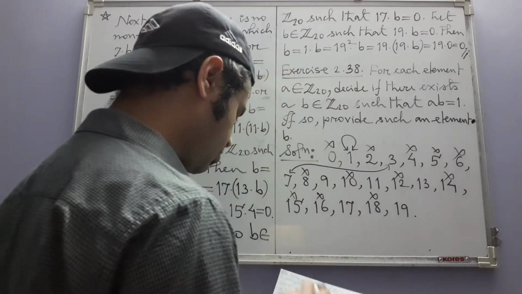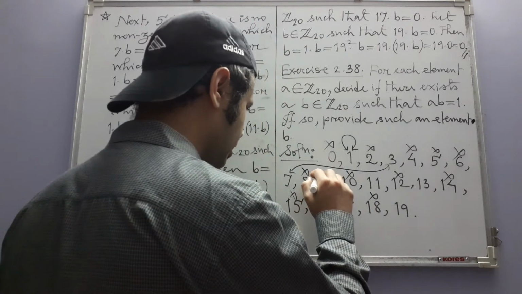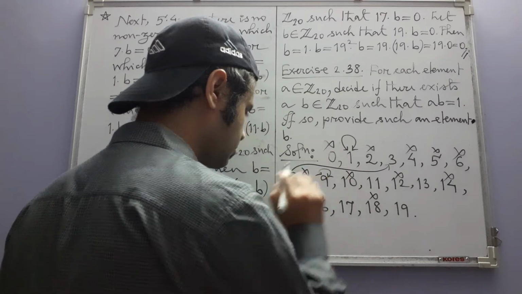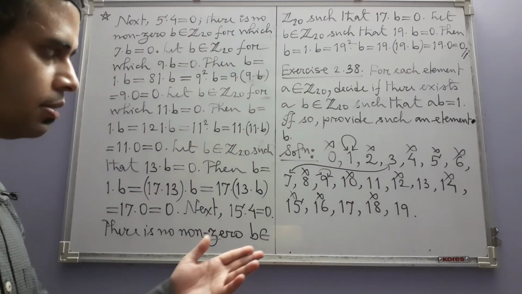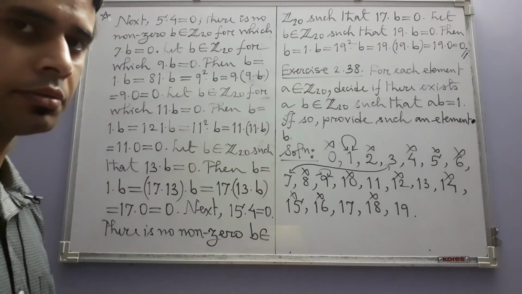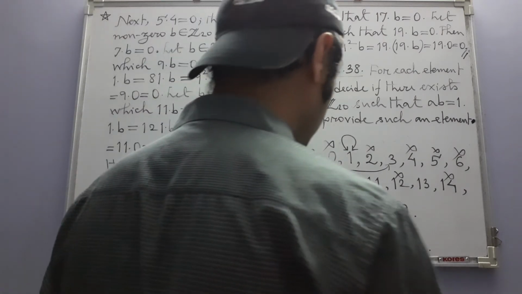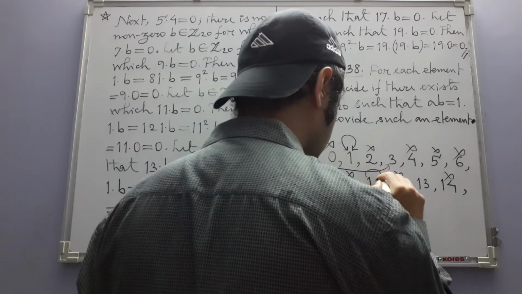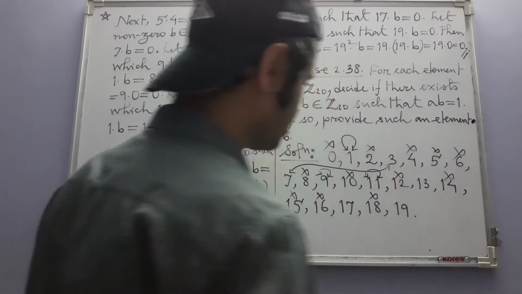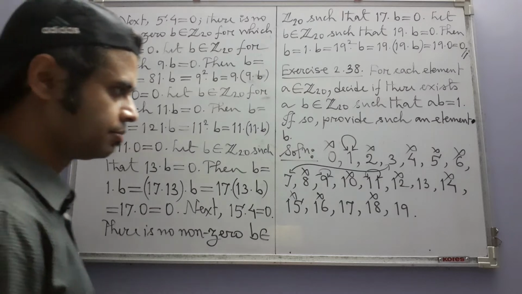And then 9, for 9 it is 9 itself, again a loop. 9 times 9 is 81, which in C20 is 1. For 11 it is again 11.